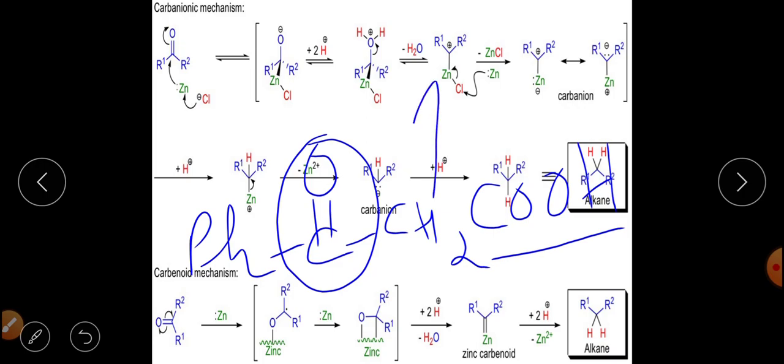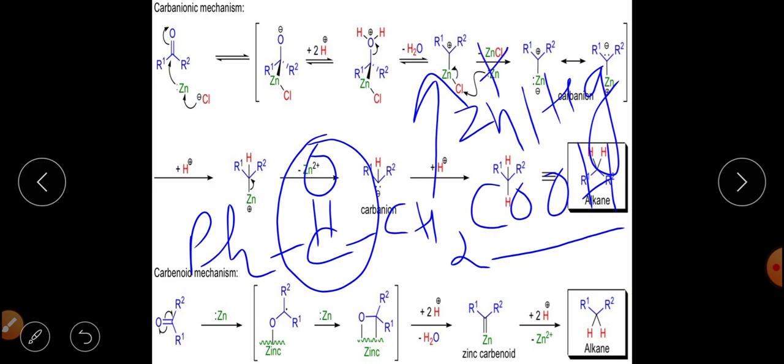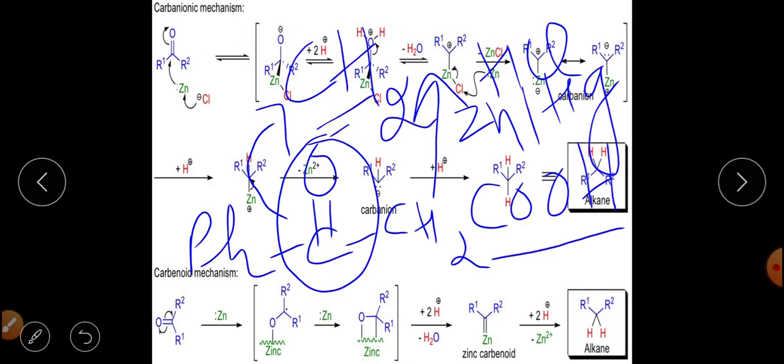If it is allowed to react with ZnHg, zinc amalgam, in presence of HCl and water, this particular C=O will get converted into CH2, and this carboxylic acid will be intact from the reaction.